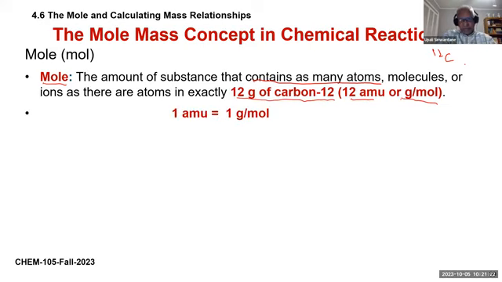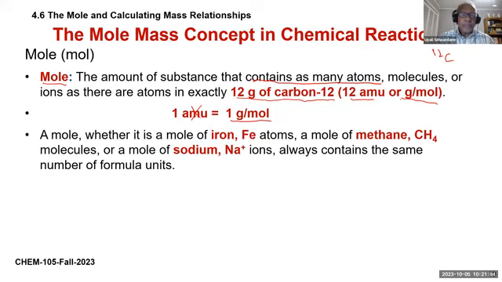As I said before, AMU is not used in stoichiometry. 1 AMU is the same as 1 gram per mole. A mole is a certain number, regardless of the material. 1 mole of any material has the same number of formula units.